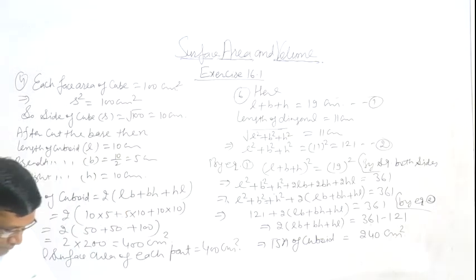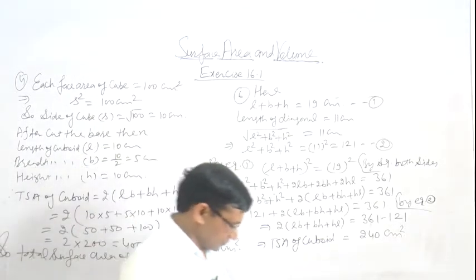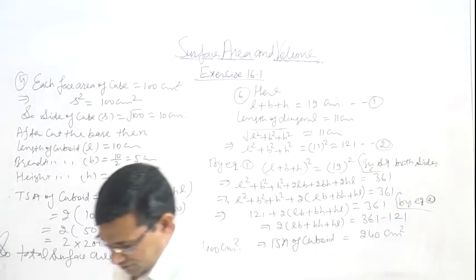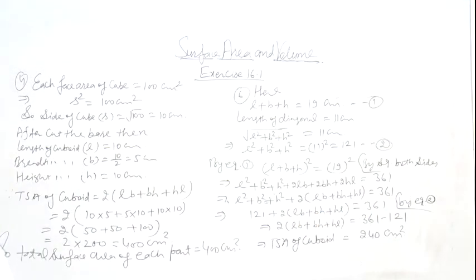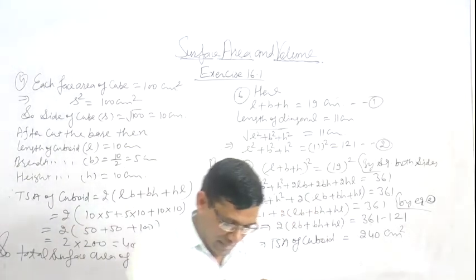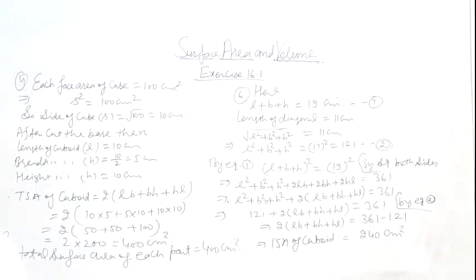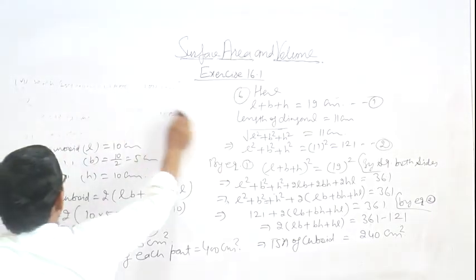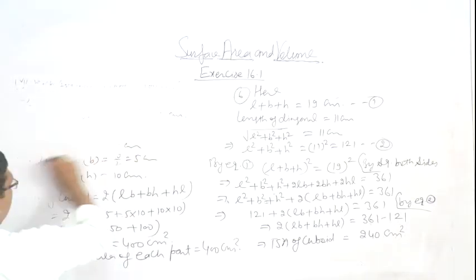Then question number 11. Some students asked about question number 11, that is also an important question. 5 meter, 30 centimeter and 3 meter are length, breadth and height of a wall respectively. In this question what is given?